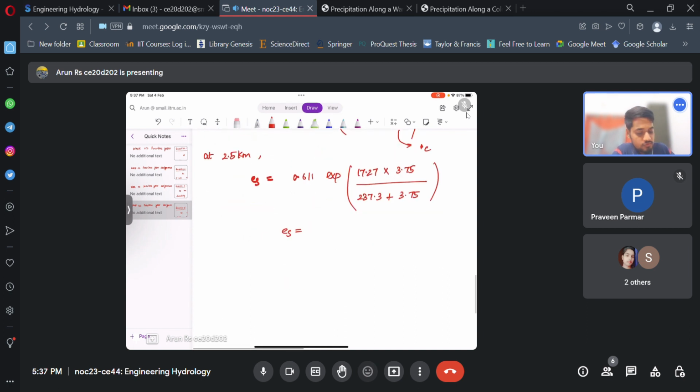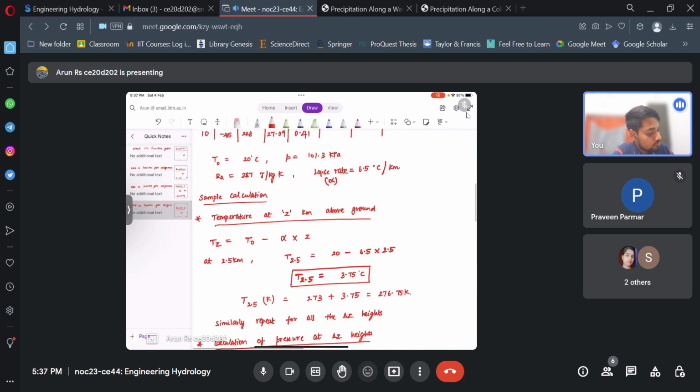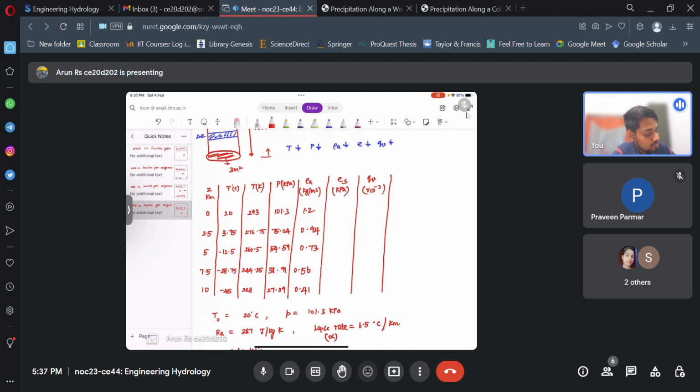So your saturation vapor pressure is 0.799 kilopascals. Similarly, you have to compute for all the depths.